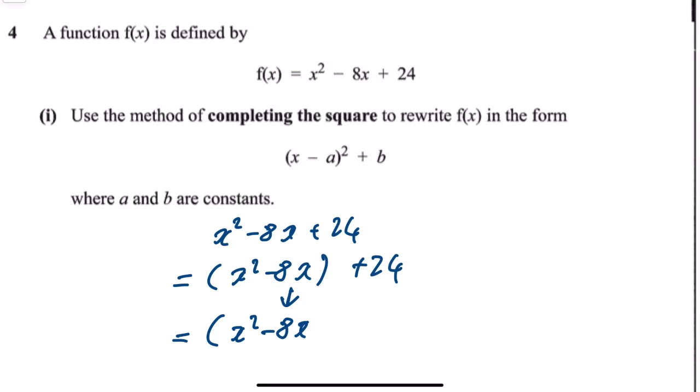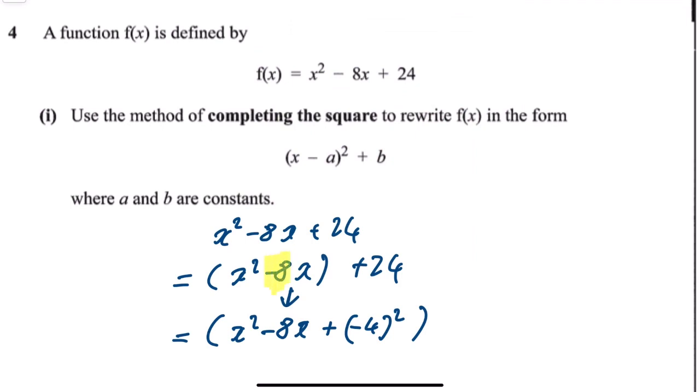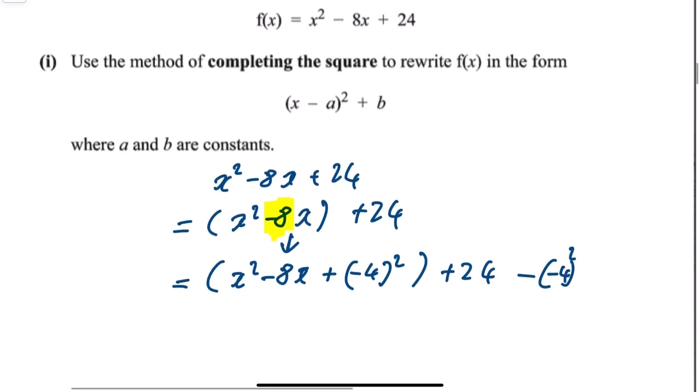How you get the minus 4 is you half the coefficient. I still have my plus 24, and because I've added that thing in, to keep this line equal to this line, I need to also take away that minus 4 squared. So that's what we should have, and then it's just tidying up.